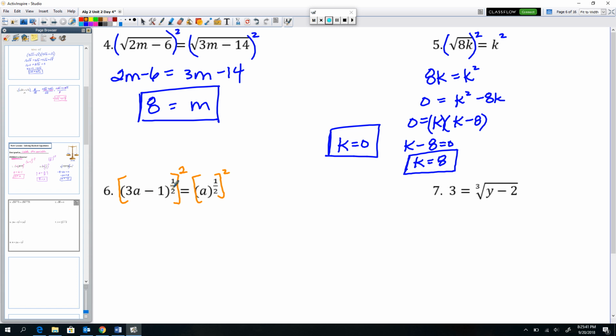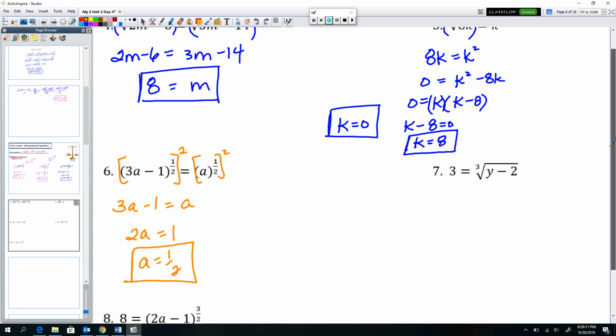So raising it to the 2 power gets rid of this nasty power, and we're going to just be left with 3a minus 1. Raising it to the 2 power is going to take care of it, leave an a behind. Subtract a from both sides. Add 1 to both sides. Divide by 2. Your solution is 1/2 for a. If you were to put 1/2 in for a, you'd get a true statement.